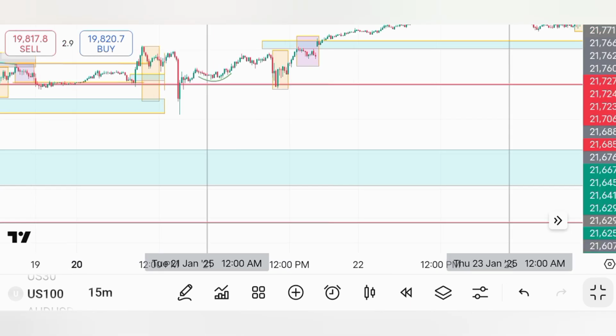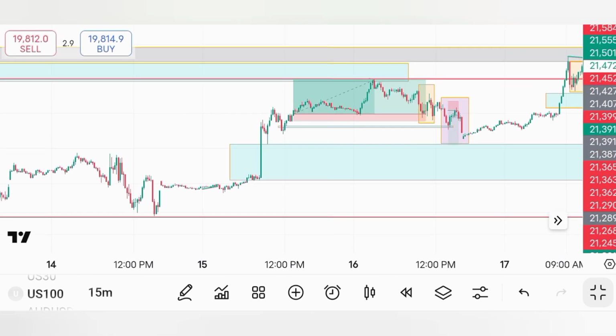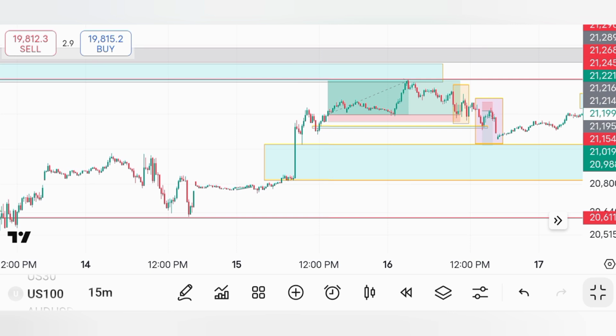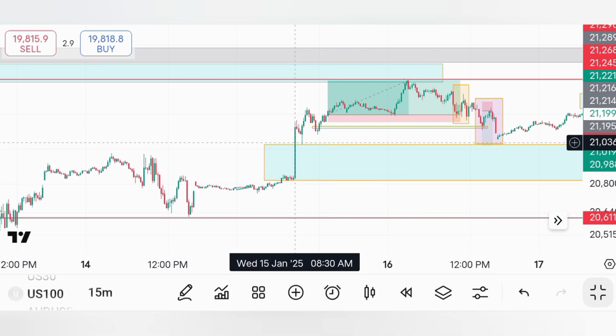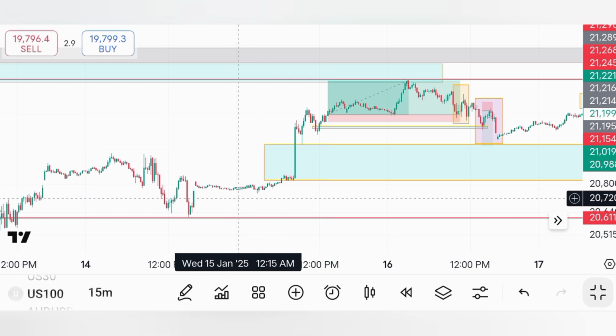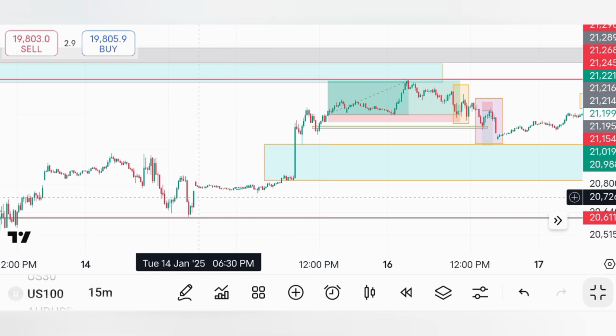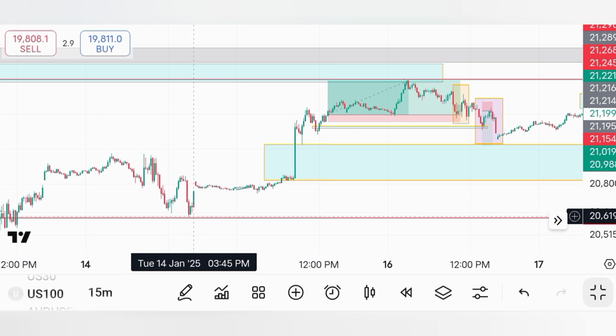Sell side liquidity was basically this fair value gap here, this blue rectangle, as well as these lows and the fair value gap, or even the balanced price range here. So that's those two fair value gaps at the left and at the right.